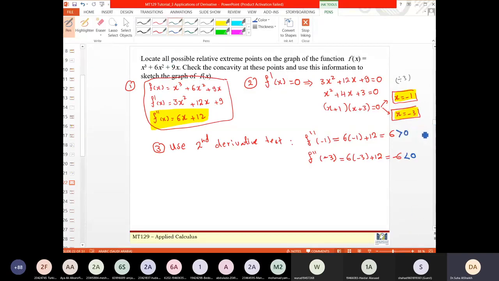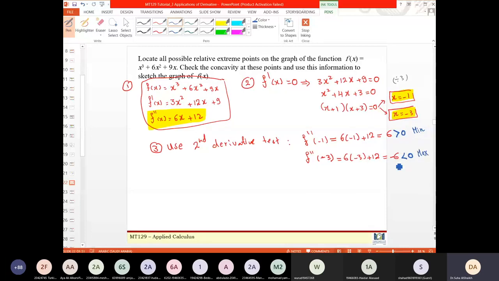Minimum or maximum? Minimum. And what does less than 0 mean? Minimum or maximum? It's max. It's a maximum point. So at this point I have a minimum, at this point I have a maximum point.